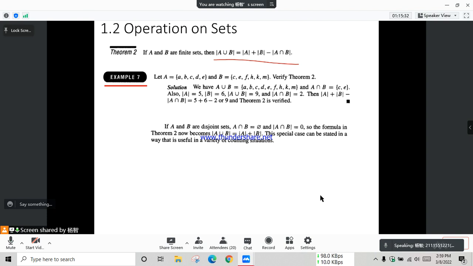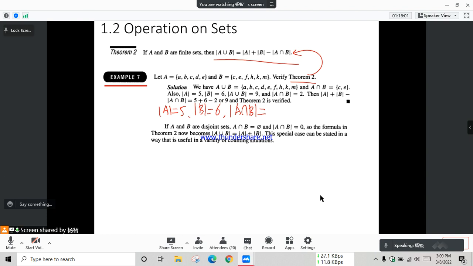Okay, theorem 2 is this. We want to verify this. First, the cardinality of A is equal to 5, and the cardinality of B is equal to 6.